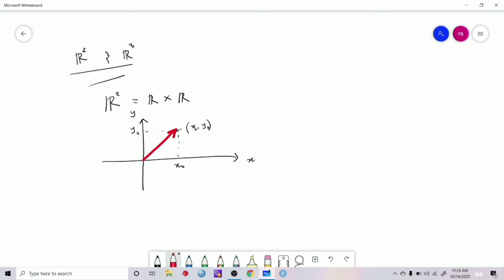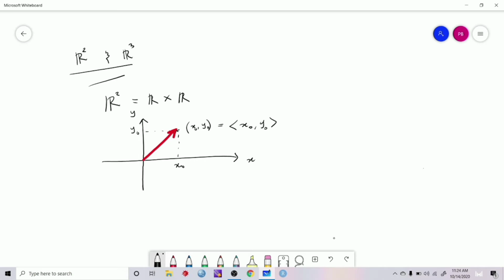We call it standard form, or standard position rather. Now, this arrow can be represented by this notation. If you see this kind of notation, I'm talking about vectors, while in this notation, I'm talking about points.